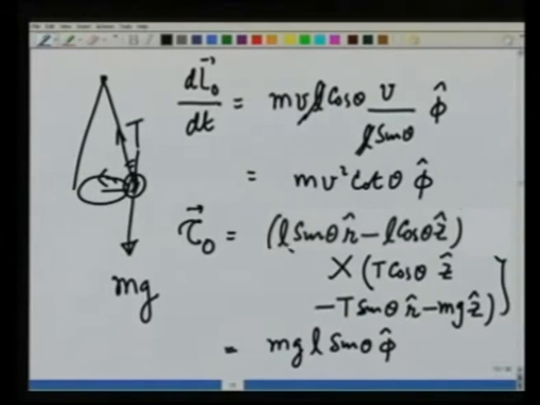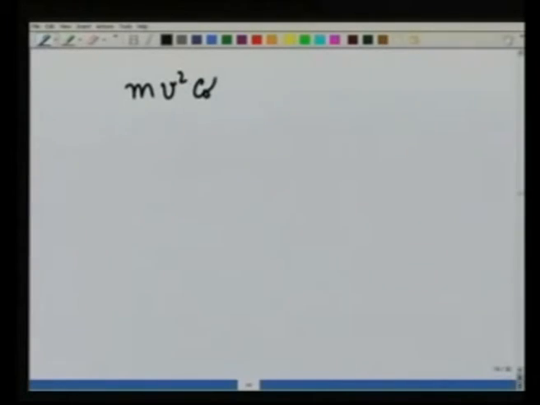So, what we learn now is that this quantity, which is dL/dt, and this quantity, which is torque about O, must be the same, and therefore, we get m v square cotangent theta is equal to m g L sine of theta, both in phi direction.